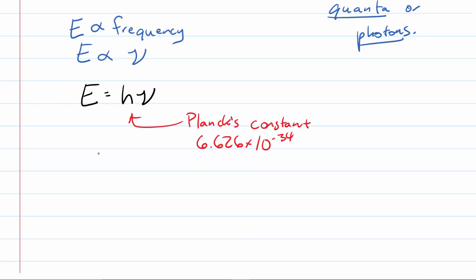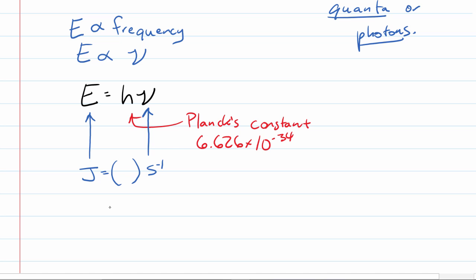So now if we're going to figure out the units, let's remind ourselves, what are the units on E? These are joules. What are the units on frequency? Inverse seconds. So now if we want to multiply something by inverse seconds to get joules, that must mean that one of the units in there must be joules.